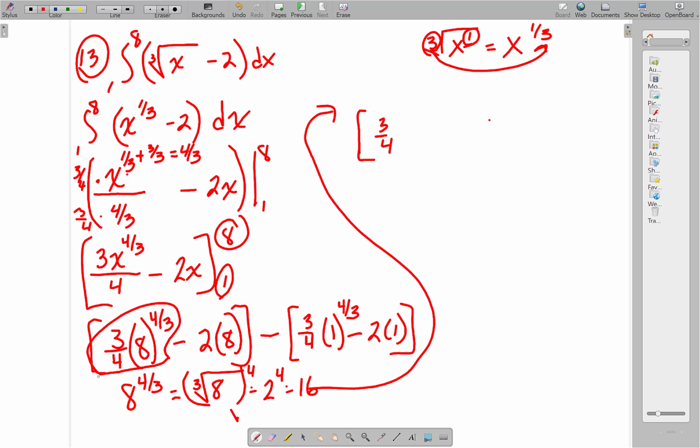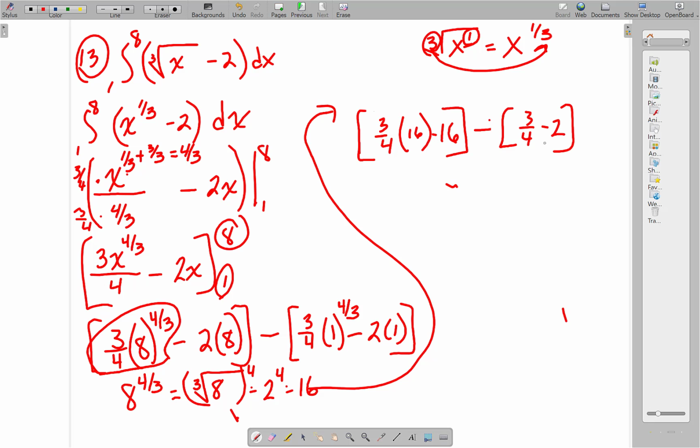And we said that 8 to the 4/3 is equal to 16. So we have 3/4 times 16 minus 16. And then from there, we have minus 3/4 times 1 to the 4/3, which would just be 3/4 minus 2.